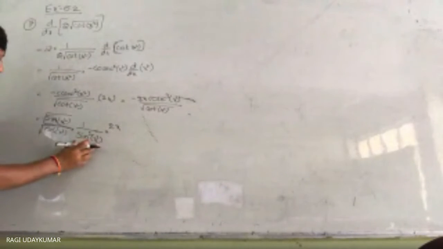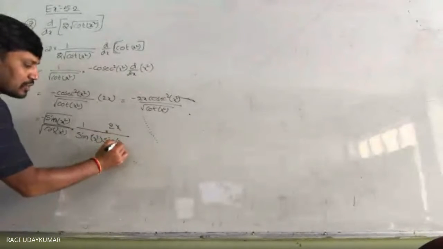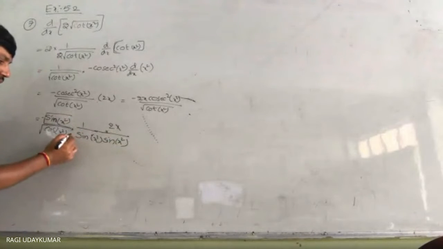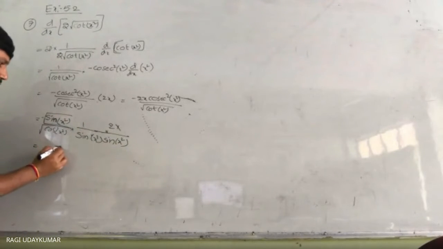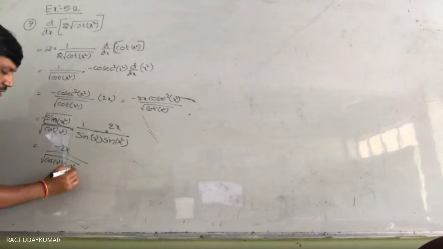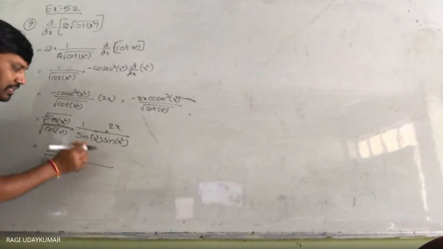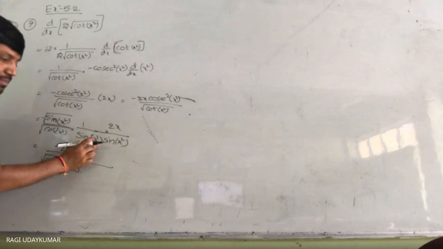And the simplification, what do you get here? The root is here, this can be written as sin x square into again sin x square. So root and root cancel, one root remains. So we are going to get minus 2x by under root of cos x square sin x square. Under the root we will get it because this root and this one will simplify.